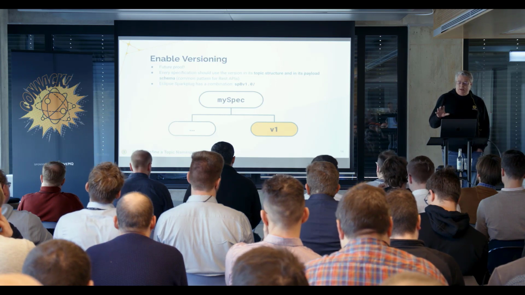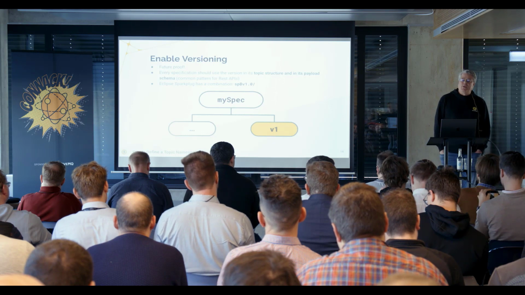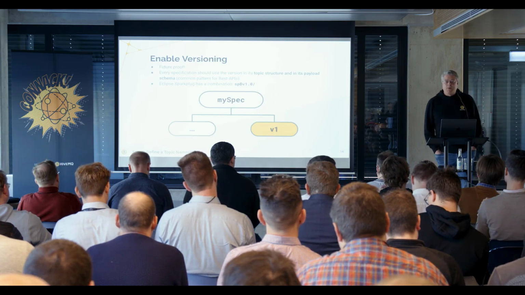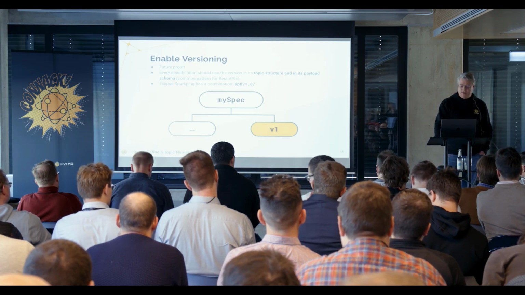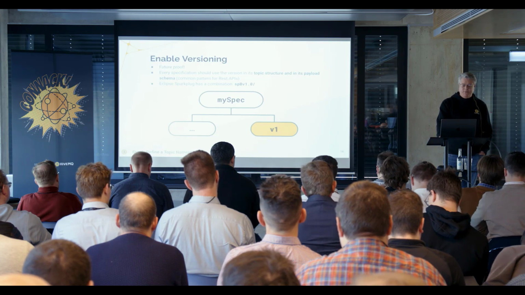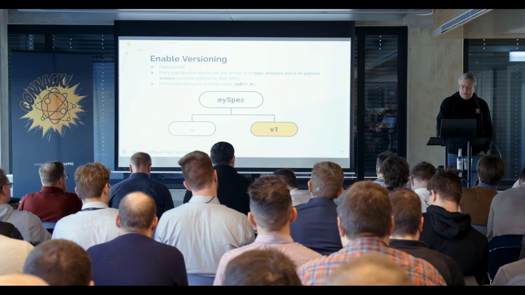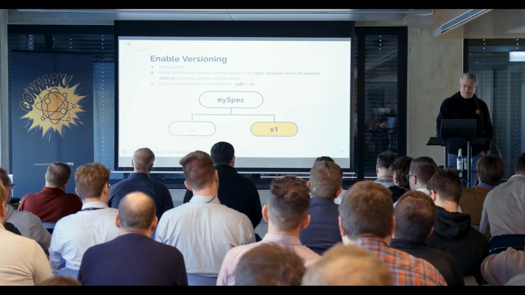This makes sure that you're future-proof if your topic structure evolves and you have different requirements for your topic structure. Sparkplug has a combination of these, so Sparkplug B version 1, but you can also add an extra segment to your topic structure here.